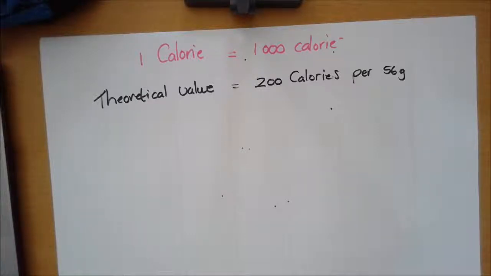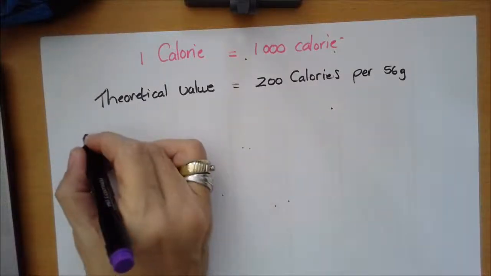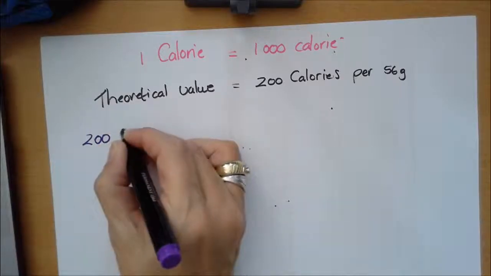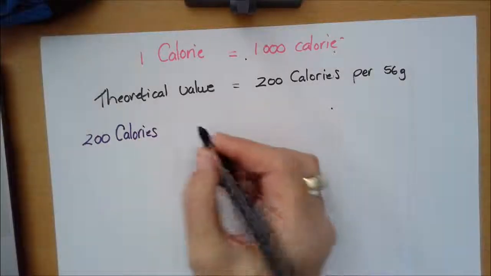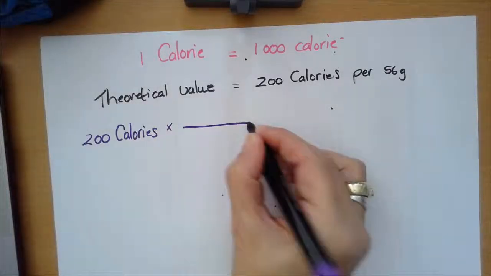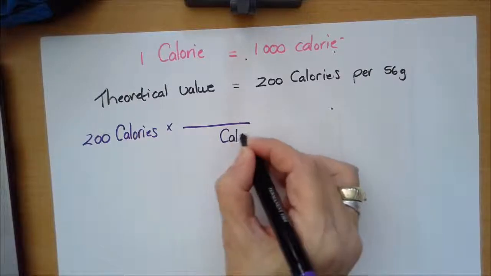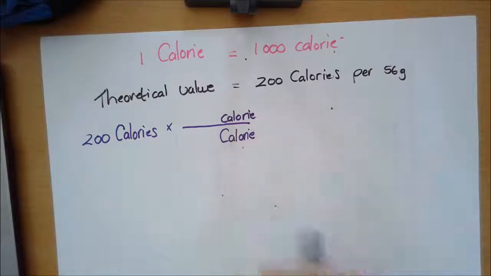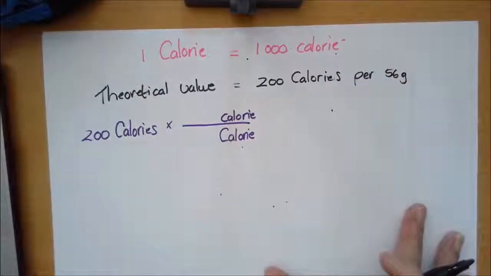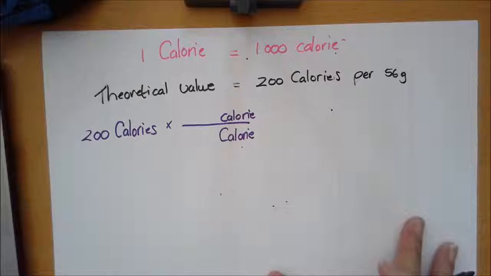So the first thing you need to do is convert the theoretical calorie given by the manufacturer to heat calories. How will we do that? Multiply it by 1,000. So 200 calories, which is the capital, I have to convert that. So I will have capital calorie at the top, and small letter calorie at the bottom, because I want to know how many heat calories that is.